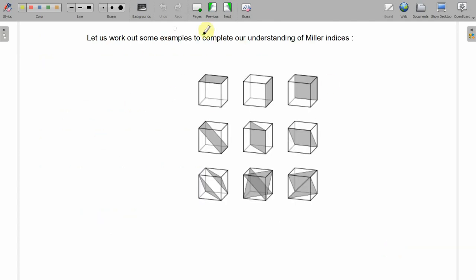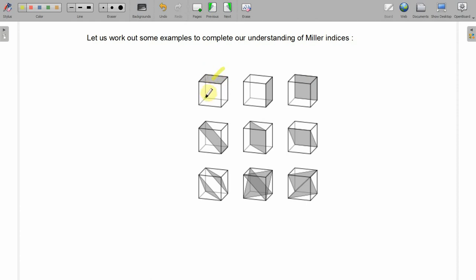Now, we will work out a few planes here to understand the concept of Miller indices in a better way. These examples will really help us to get better clarity on the concept. First, let us go to this plane which is shaded in gray color.